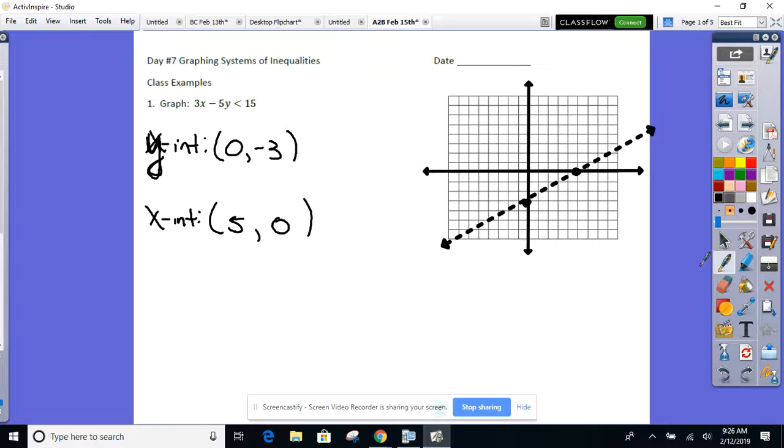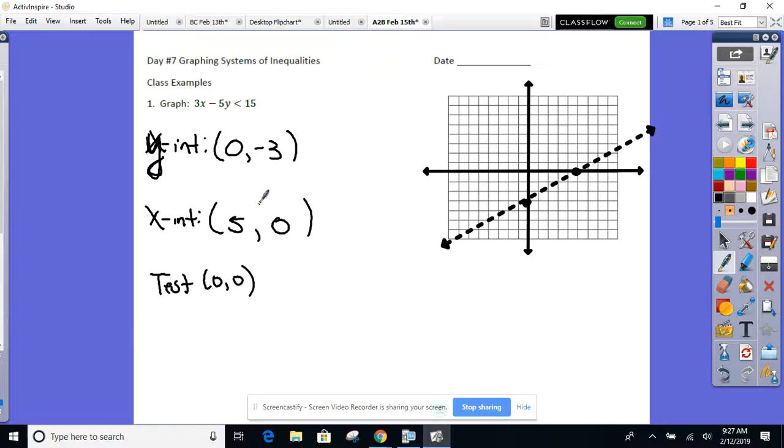And now we got to worry about shading, above or below the line. Anybody remember how to test, how to shade? You test a point. Preferably, I'd prefer what point? 0, 0. Yep. All right. So I'm going to test 0, 0.